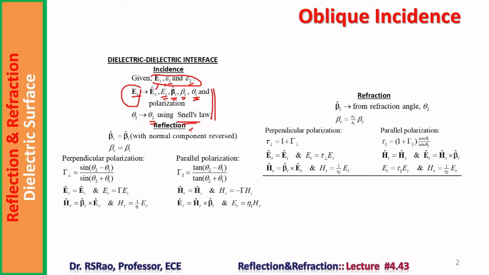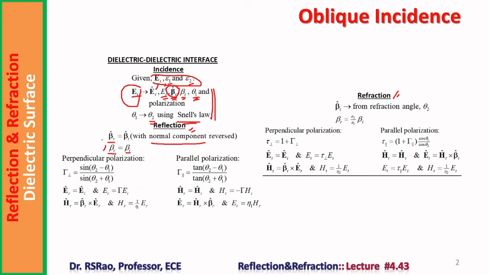Now we consider the reflected wave, and then we go for the refracted wave. The direction of propagation of the reflected wave, denoted by beta_r cap, can be obtained from beta_I cap. Beta_I cap is available, it is a vector, and by reversing its normal component, it may have one or two components, one component being normal to the reflecting surface, that component, by changing its sign, beta_I cap becomes beta_r cap. The magnitude of beta_r, the propagation vector in the reflected wave, is the same as the magnitude of the propagation vector in the incident wave.